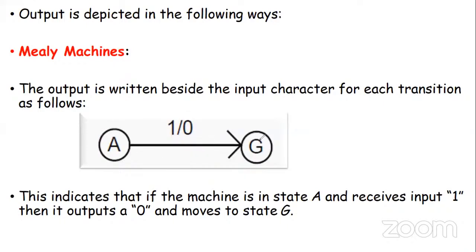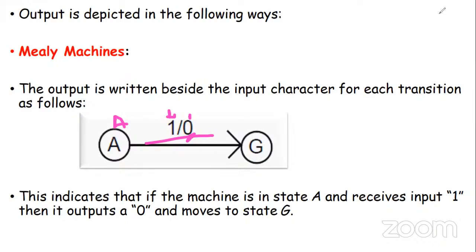So for there to be any output here, there must be a transition. You can see it is at the transition that you get an output. So when you are in state A, upon the receipt of an input 1, you move to state G and the output is 0. That is for a Mealy machine.